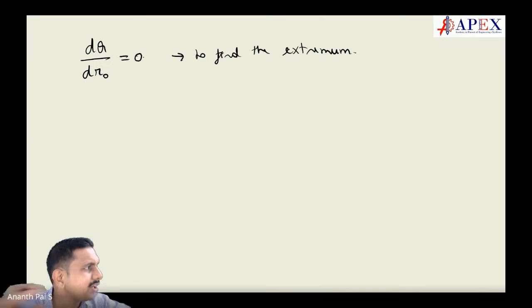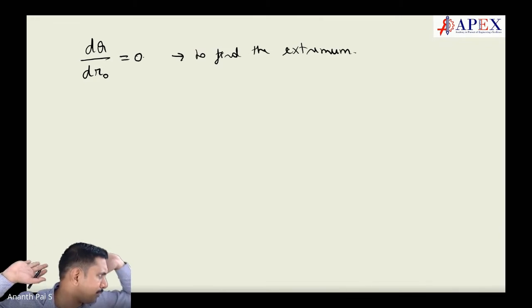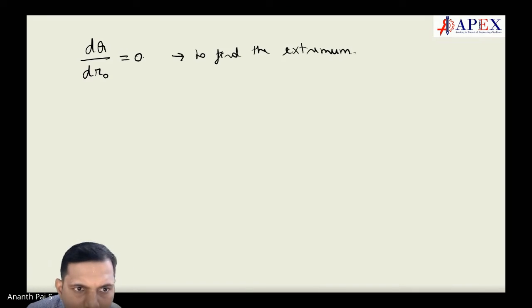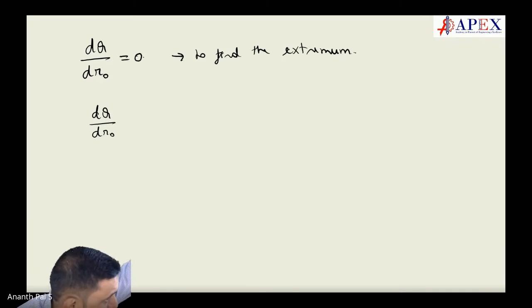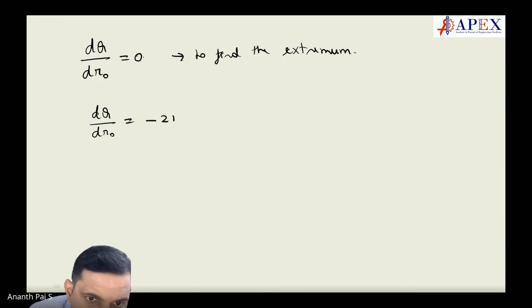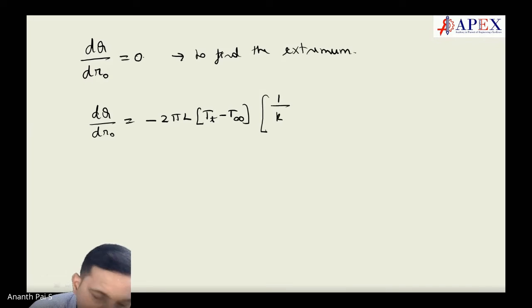Okay, that means if I increase the thickness, what is going to happen? That's what my point is. If I do that, we will get dq by dr naught, because dri I cannot change, I can change only r naught. Okay, so that would be equal to minus 2 pi L into T of t minus T infinity into 1 by Ki into R naught, R of, yeah, what did I write?